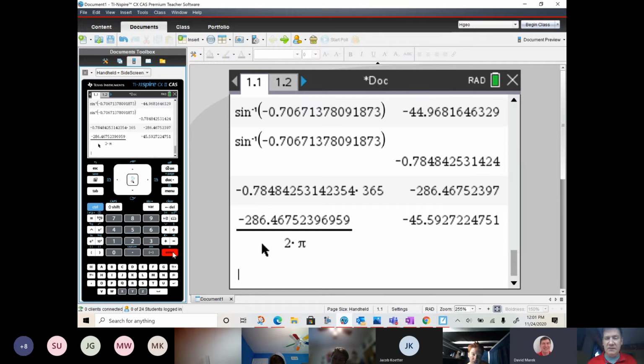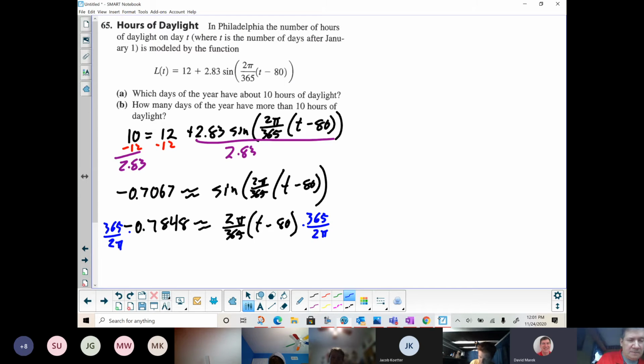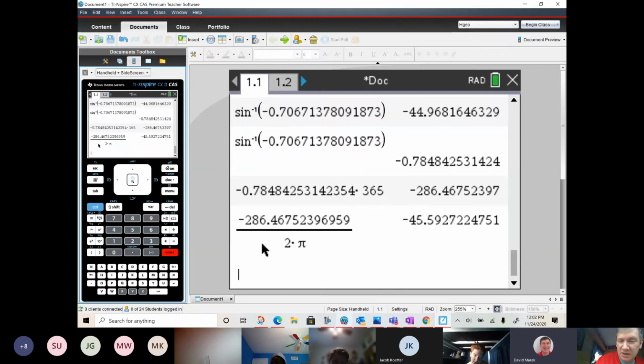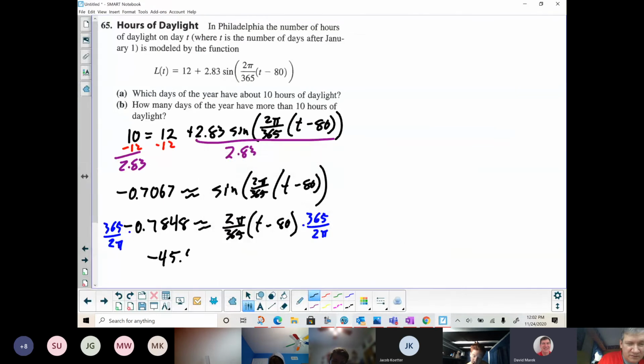So that gives us negative 45.59 and so on, which is t minus 80. Now I just add 80 to both sides.